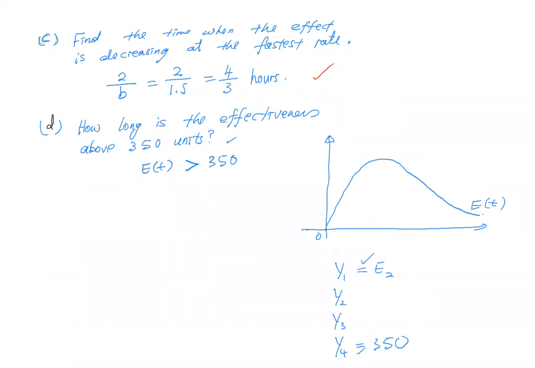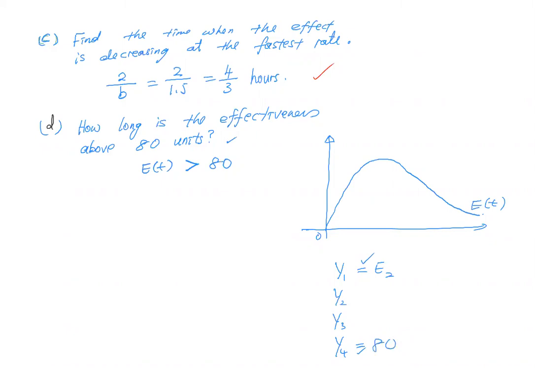Miss, 350 may be a bit too high. Oh, no, it cannot be 350, because the highest is only 180. So we take 80 instead, because the highest is 180.